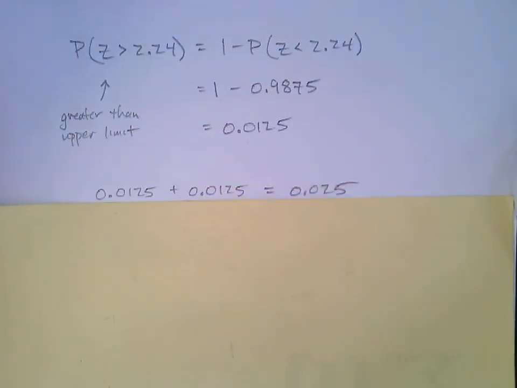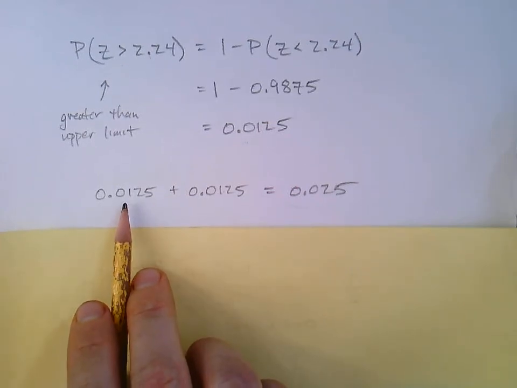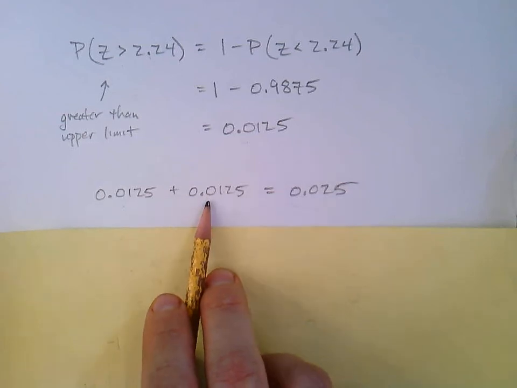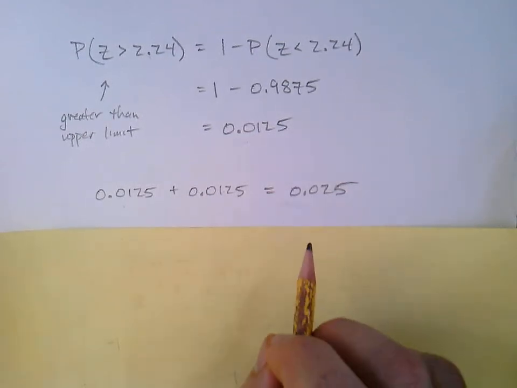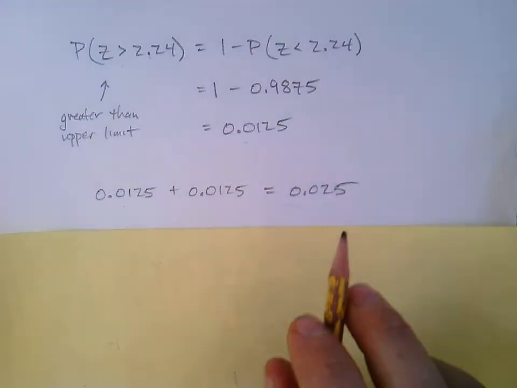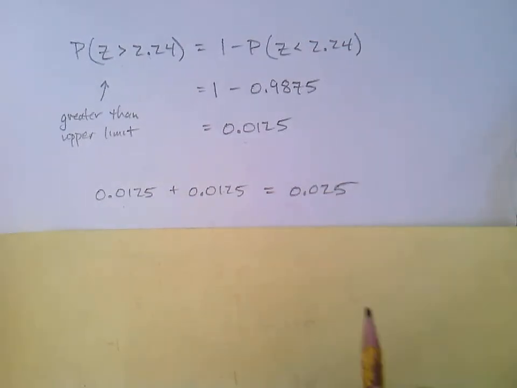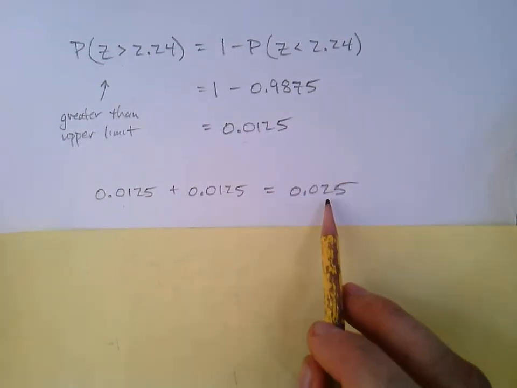Well, we need to add those together. So the chances of being less than the lower limit plus the chances of being greater than the upper limit, put it all together, and in this case you would get 0.025. So the chances of being outside of our acceptable range is this 0.025 or 2.5%.